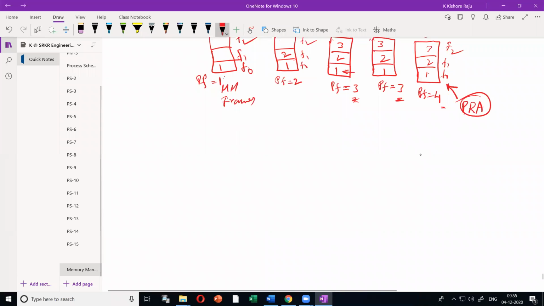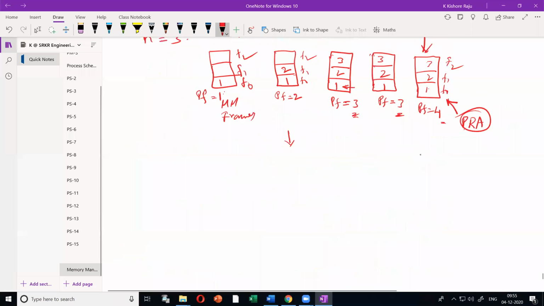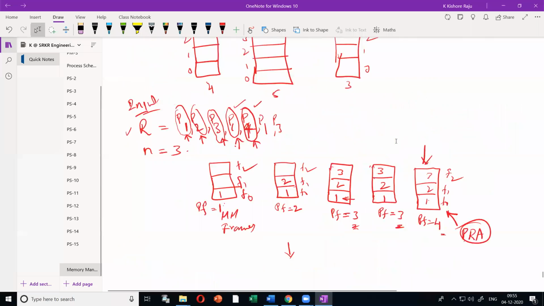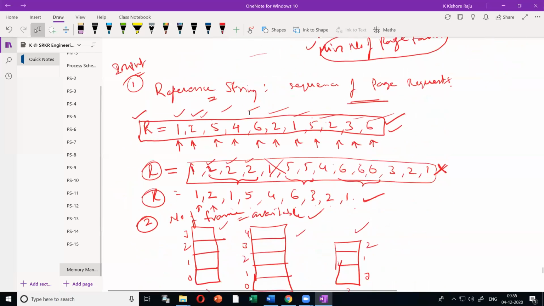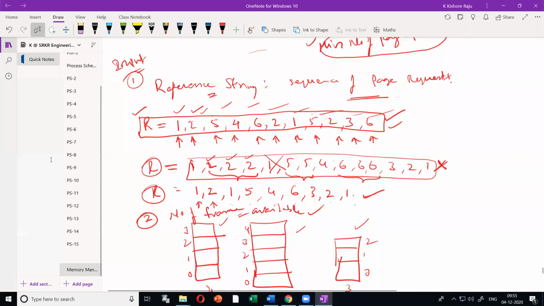Next class, I'll continue with the same example using different page replacement algorithms. Hope the concept is clear.